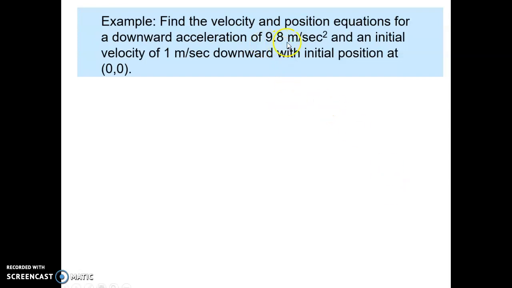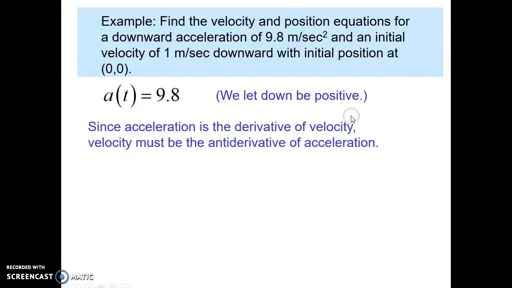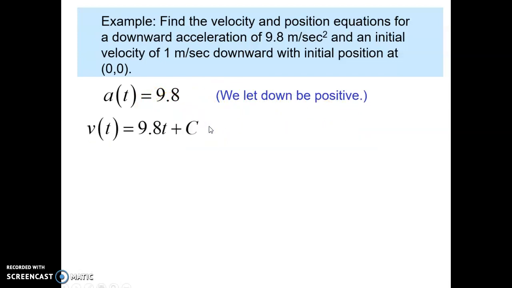Well, we can definitely know this from physics. This is 9.8 meters per second squared, the acceleration due to gravity. So if we're given the acceleration due to gravity, and let's let downward be positive in this case, although we could put a negative value in there, the antiderivative of this would be the velocity. So the antiderivative of 9.8 would be 9.8t plus c.